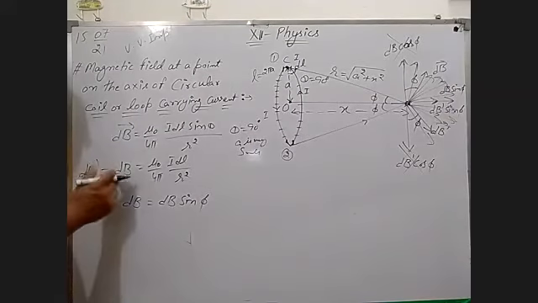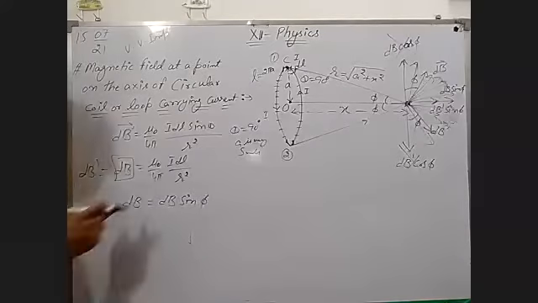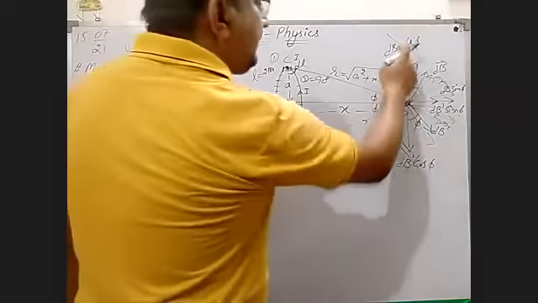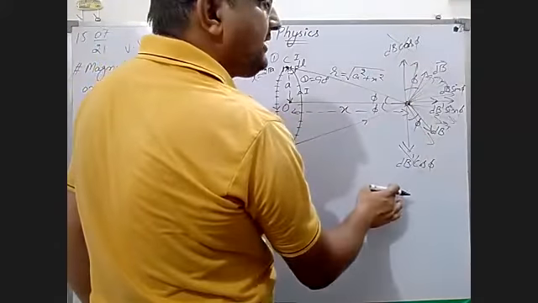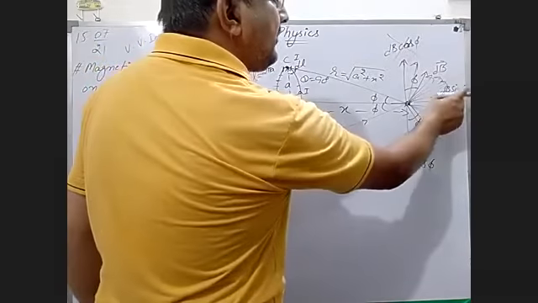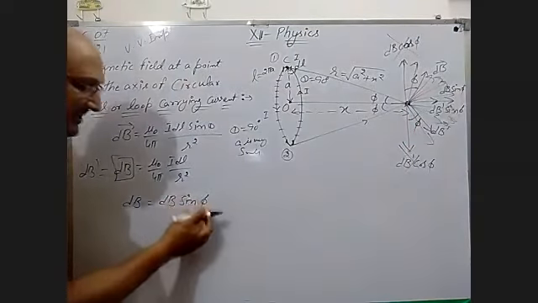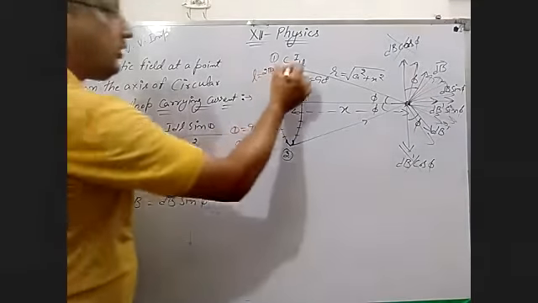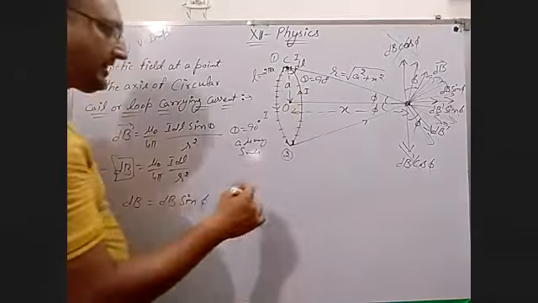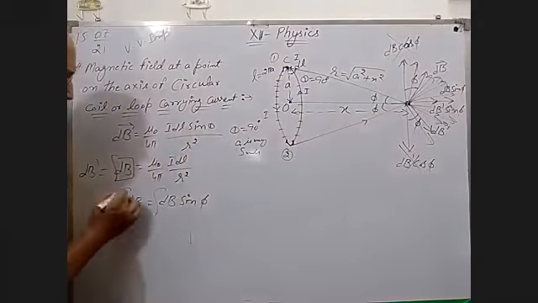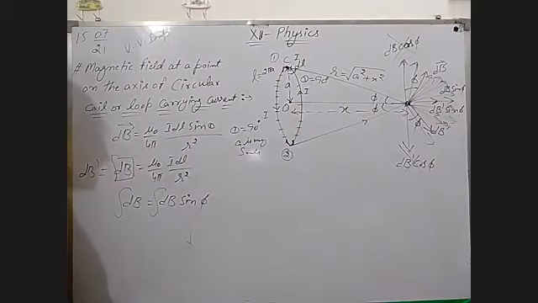Here we have to calculate dB, but dB is not alone because it has two components. One component cancels with this and the other component is left. Now we have to take the value of dB sin phi. But for all parts we have to add them. That's why we have to take its integration.